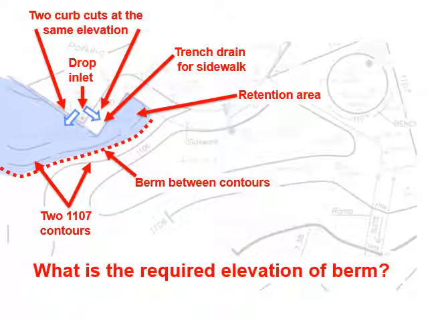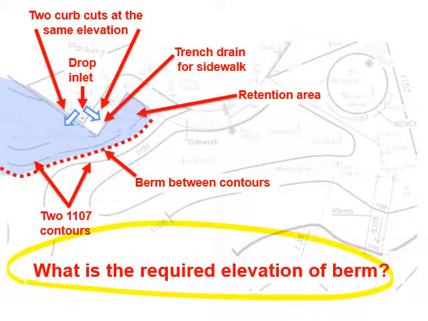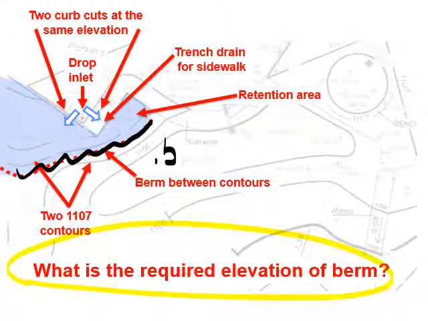Then of course we have the question of what's the elevation for the berm over here. And you already know it's going to be a half a foot above the curb cuts in this case.